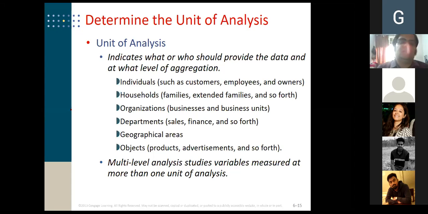Suppose the study is on the satisfaction of home buyers, whether the home buyers are satisfied. In this study, who will be the unit of analysis? Families. Excellent.